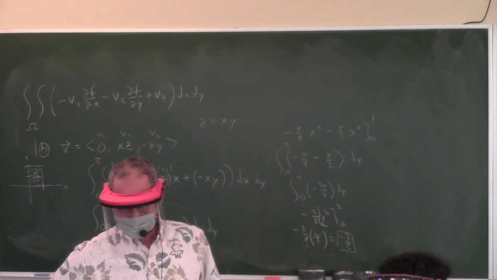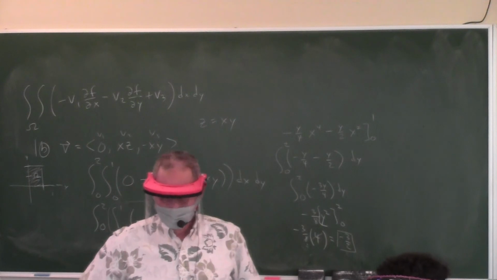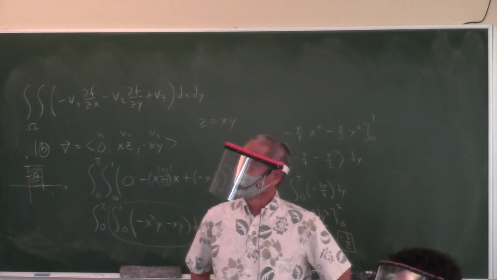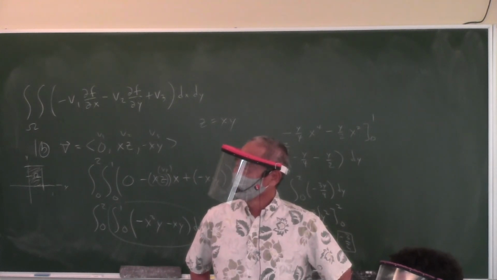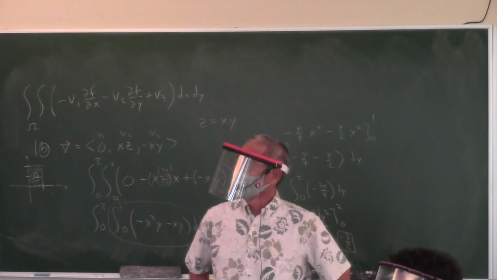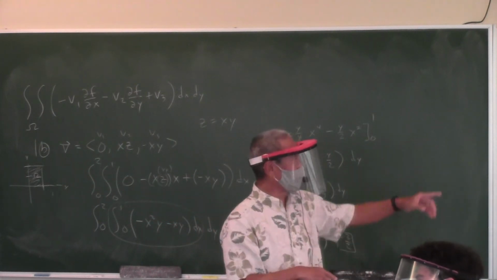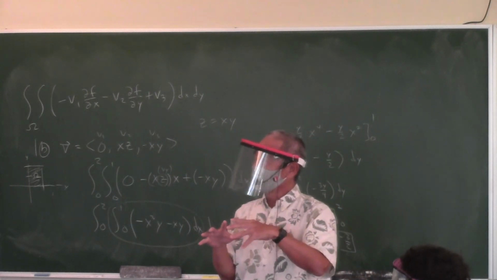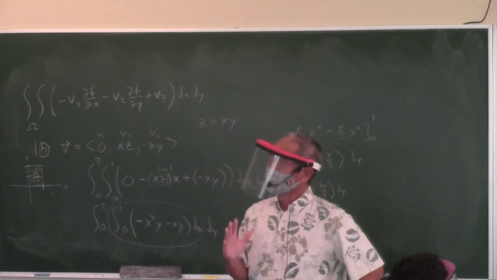No, it doesn't say what the scalar quantity means. What's the difference between omega and S? S is the surface, so Z equals XY, isn't that a hyperbolic paraboloid? Yes, it's a hyperbolic paraboloid. Okay, now what is this omega?